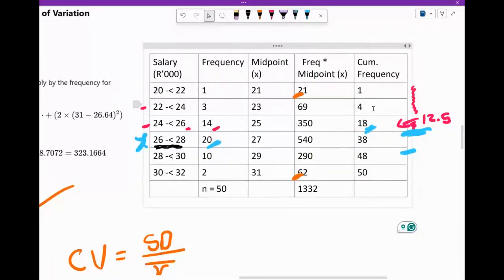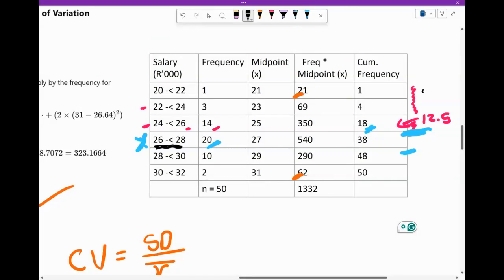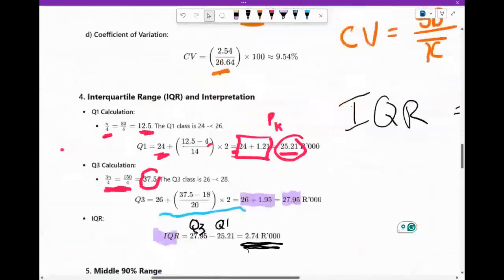Where is the 5th percentile going to fall? Remember, this is 1 to 4 of our data points. We're looking for 2.5. We know this first class only has 1. So where is our 2.5 going to lie? Exactly, within this class. So that's the class that we are going to be using to insert into our formula.